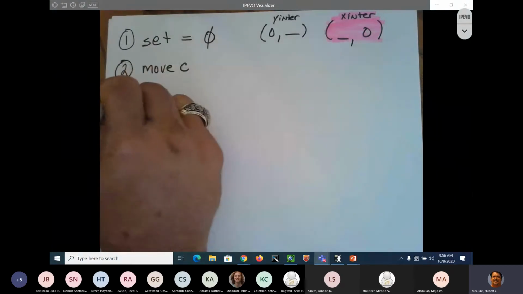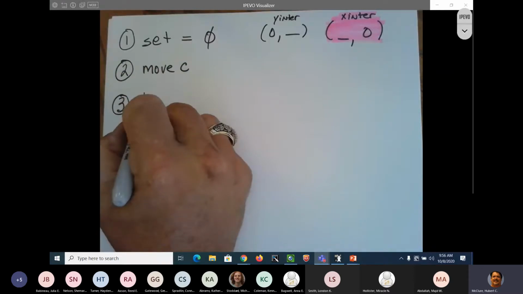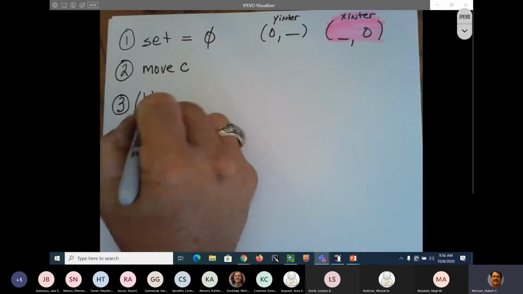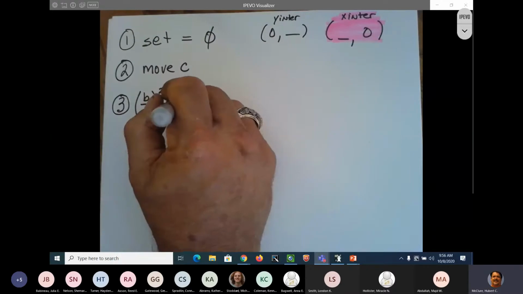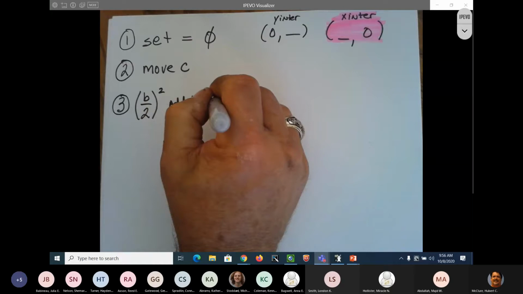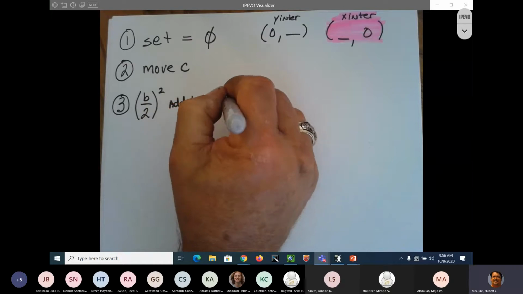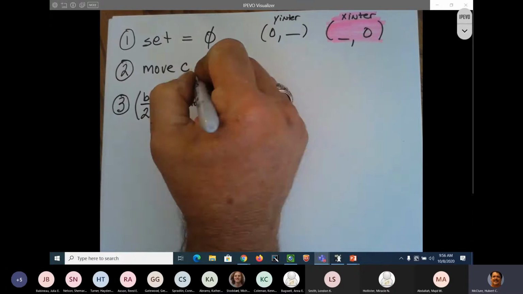Number 3: b over 2, squared, and add to blanks. And I always forget the blanks. Sorry. Add blanks.